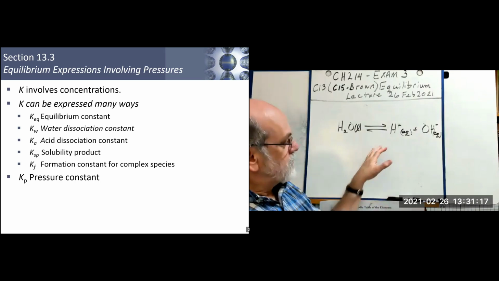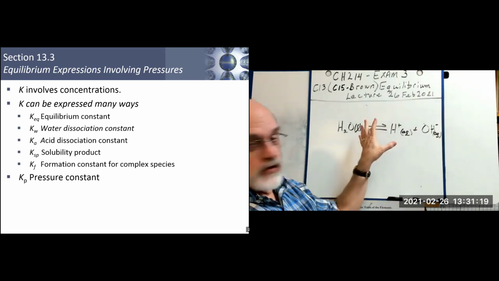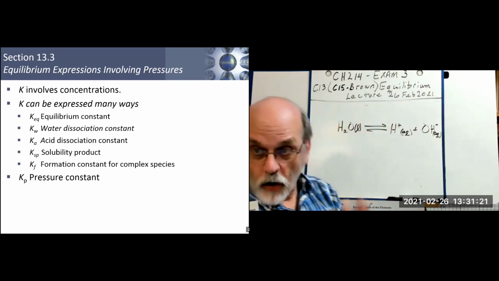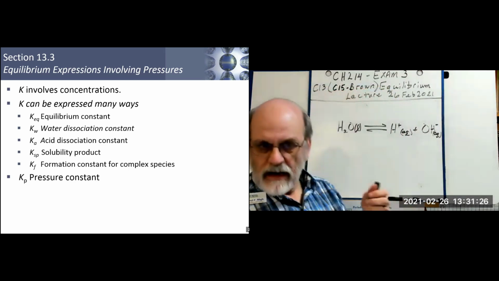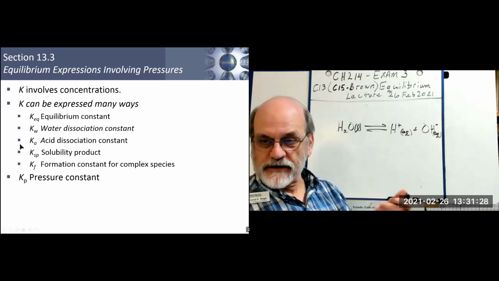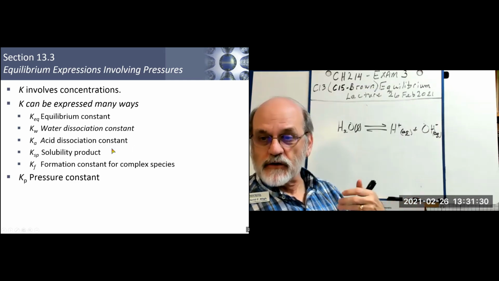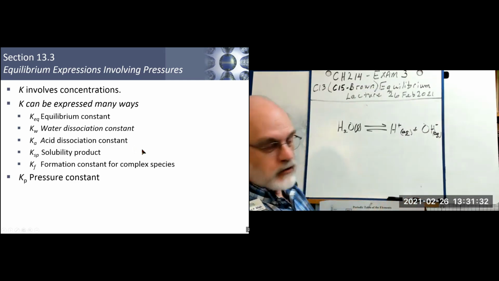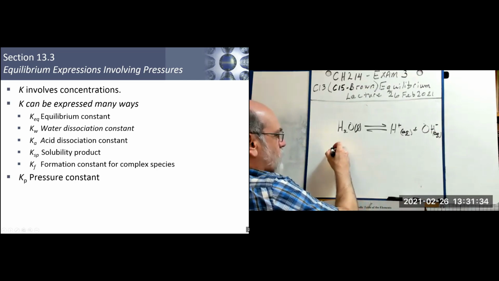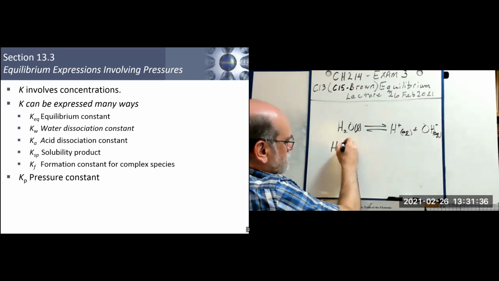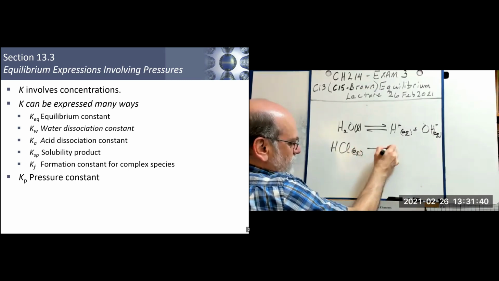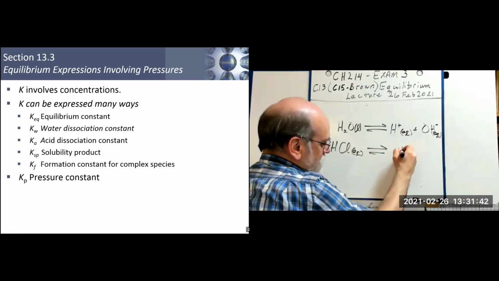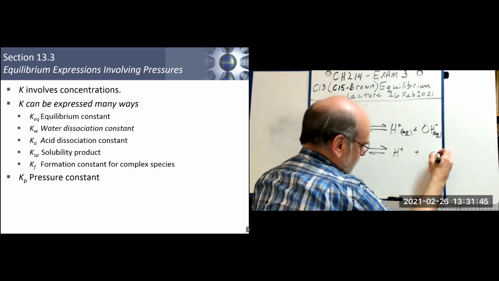Then the KW is used for that reaction, and only that reaction. That's what KW means. Ka is referencing this dissociation of an acid in aqueous solution. So if we have something like this, and it's an aqueous solution, then it will dissociate into this and that.